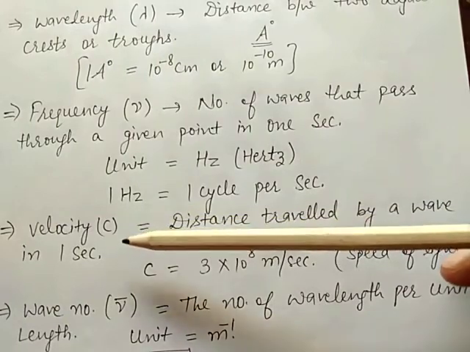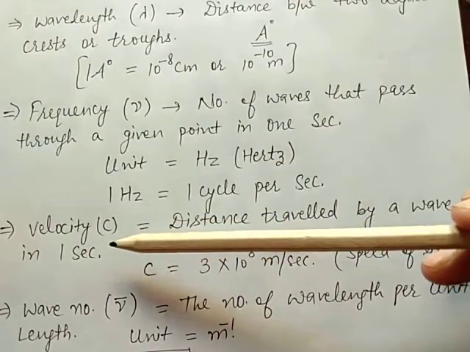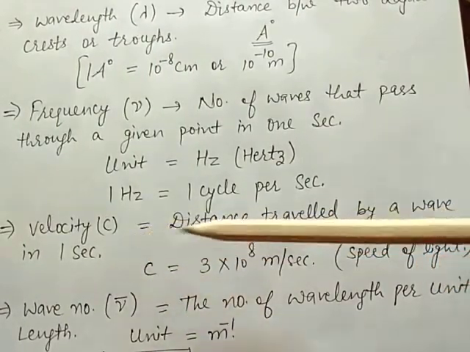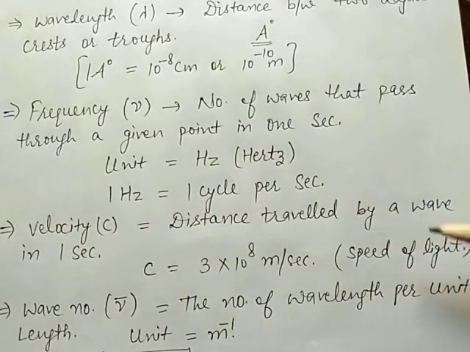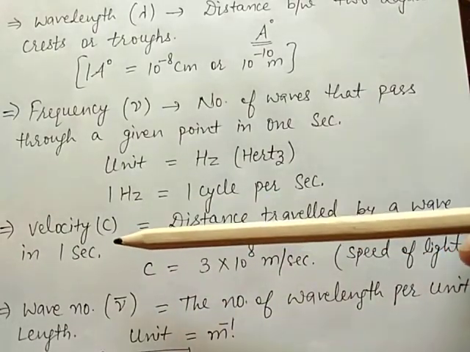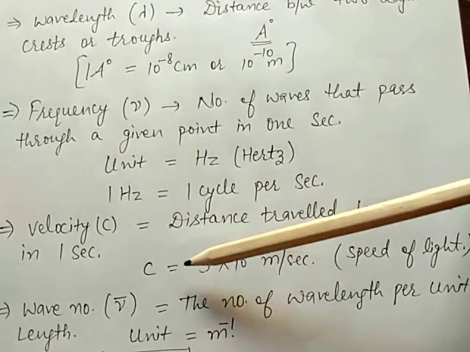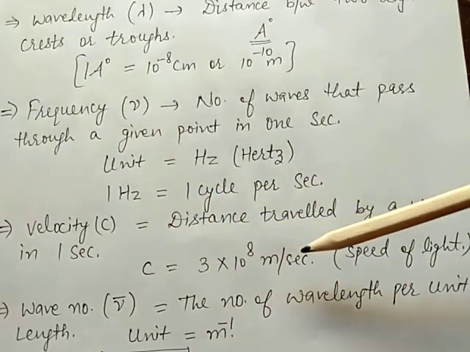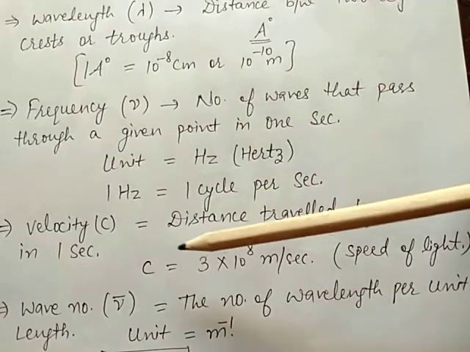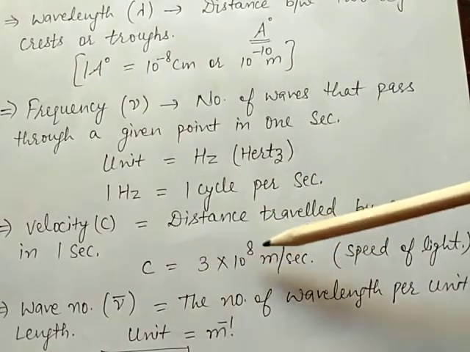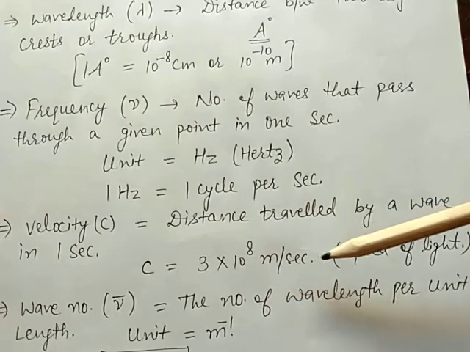Now the third characteristic is velocity. It is denoted by c. It means the distance traveled by a wave in 1 second. It is just like the speed of light, that is 3 multiplied by 10 raised to power 8 meter per second.